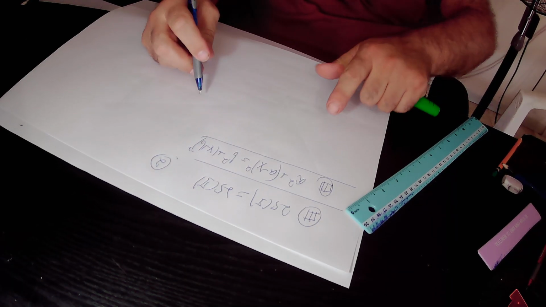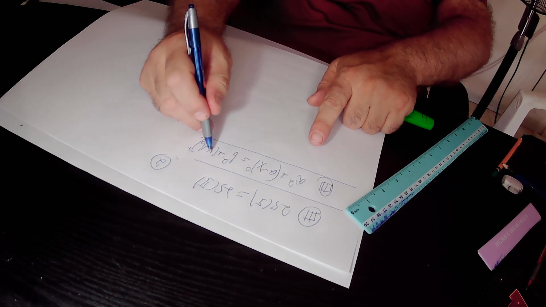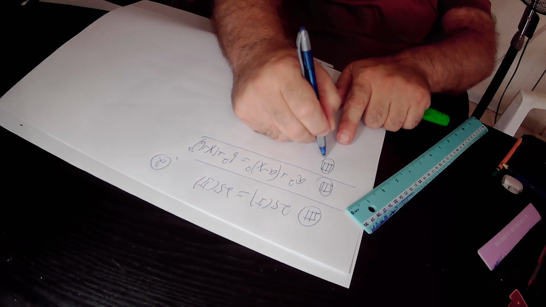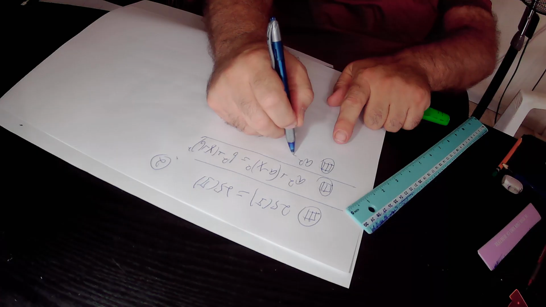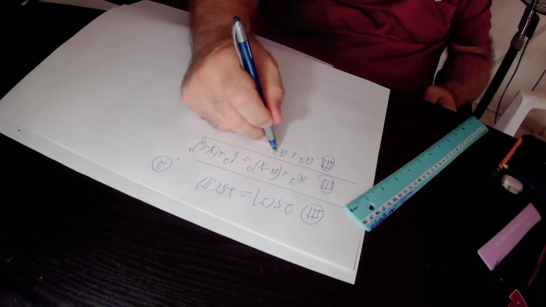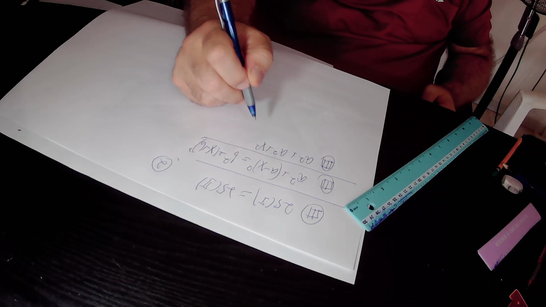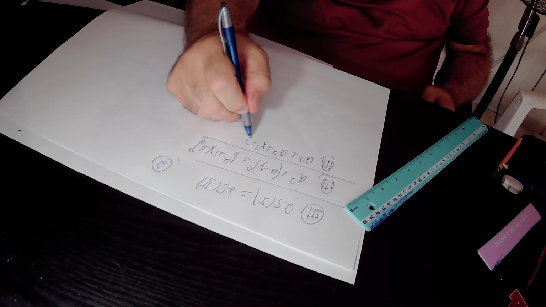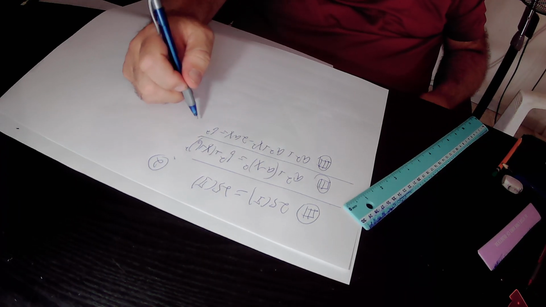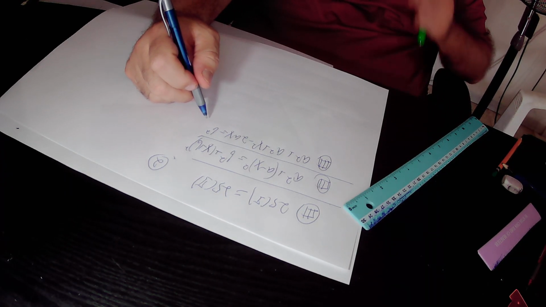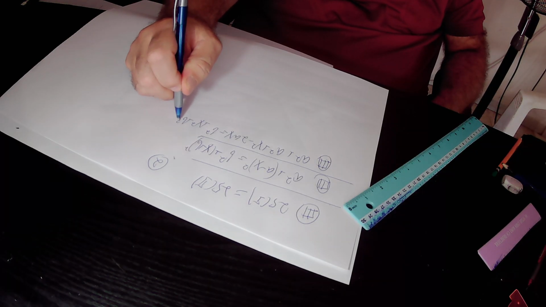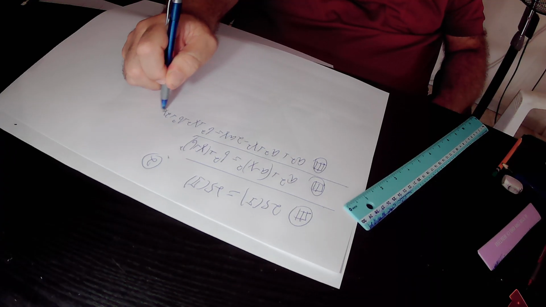So here we will open the brackets on both sides of equation 3, and we get that according to equation 3, A squared plus A minus X squared. A minus X squared equals A squared plus X squared minus 2 times A times X, and it equals B squared plus X plus B squared. X plus B squared equals X squared plus B squared plus 2 times X times B.